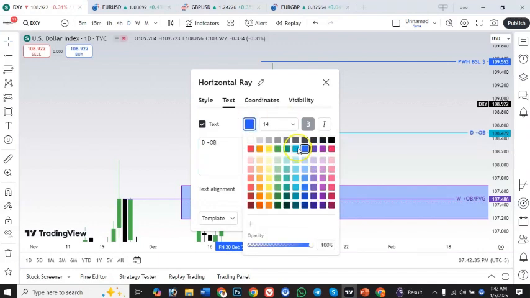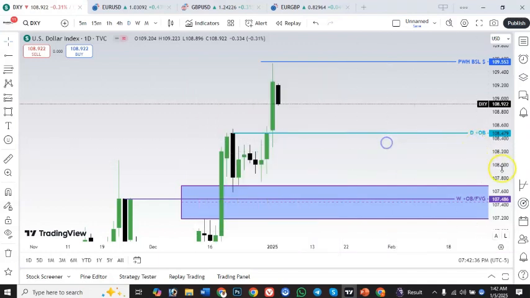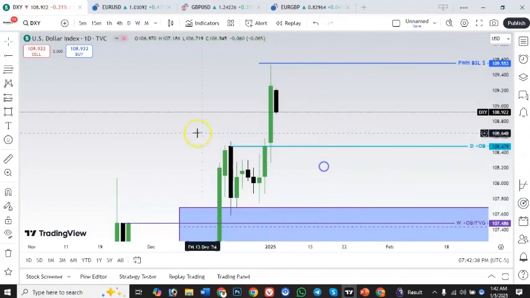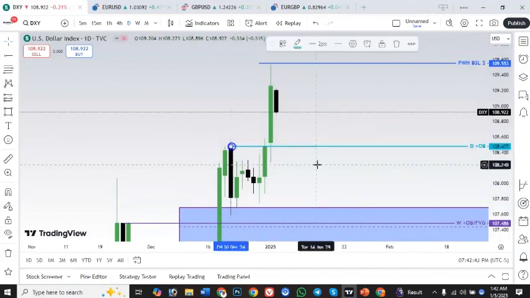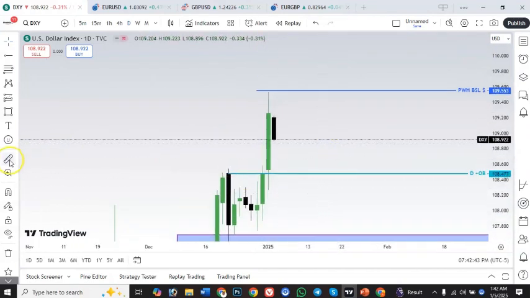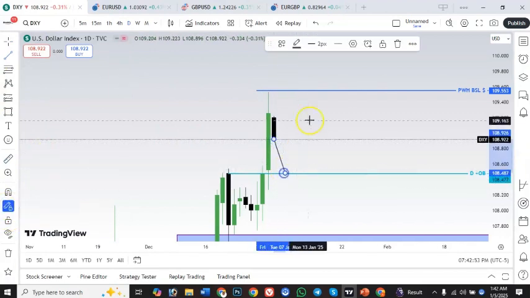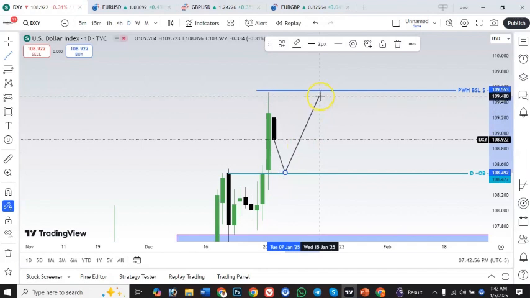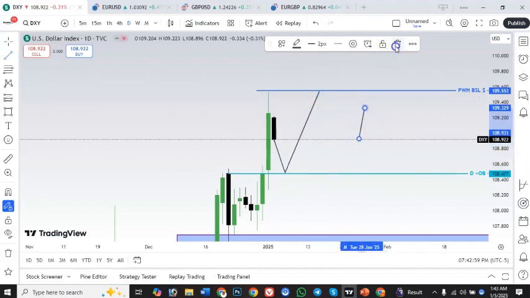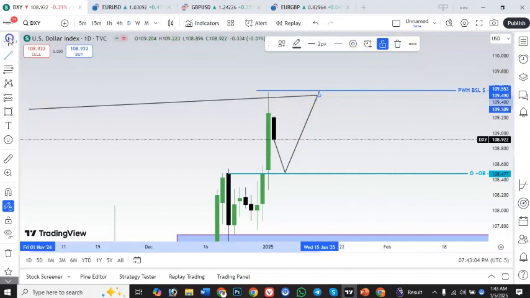When price trades into this daily order block, it is expected to go like this. But I am not going to trade like that. I don't trust it. Let me drop this.